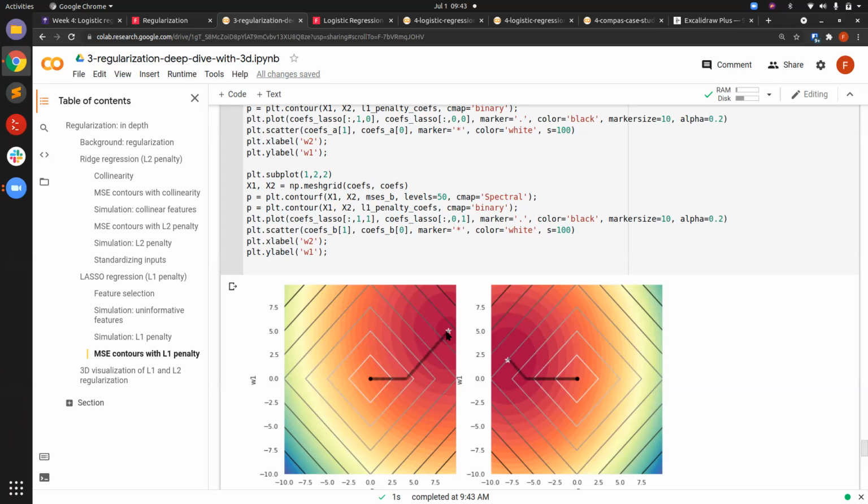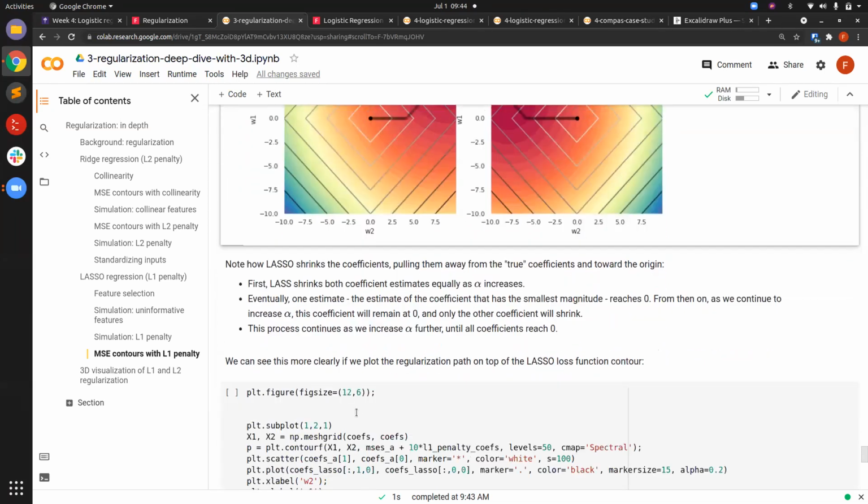So we start off by decreasing both of them equally until the smaller one actually reaches 0. Once the smaller one reaches 0, it continues at 0 while we then continue to decrease the other one. So the L1 penalty term has the effect of increasing what's known as sparsity, meaning the number of non-zero coefficients, by zeroing out some of the coefficient values.